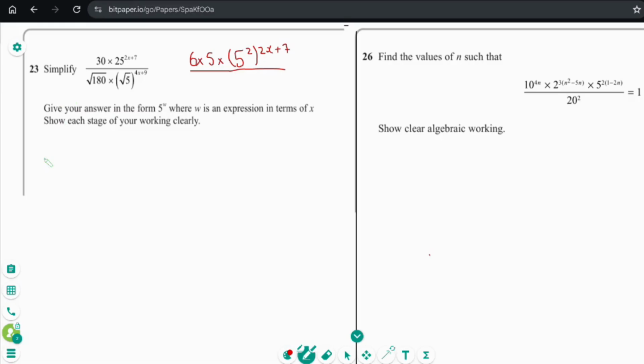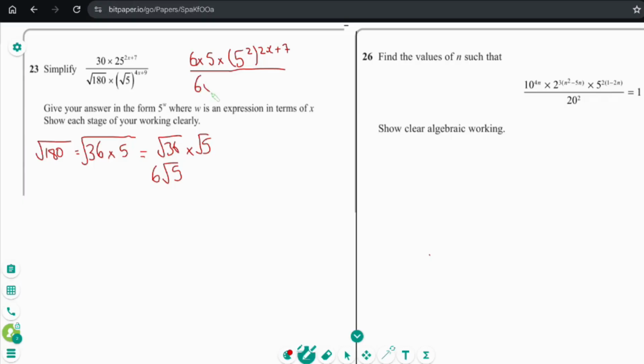Let's just simplify root 180. You can actually do this on your calculator and kind of work backwards. I'm thinking I want a 5 in there somewhere. So what's 180 divided by 5 is 36. So 36 is a square number, so that works well. So that's the same as root 36 times root 5, which is 6 root 5.